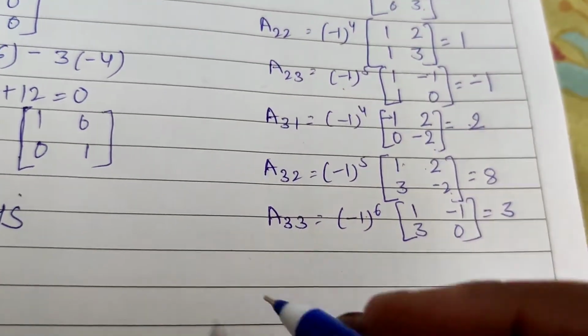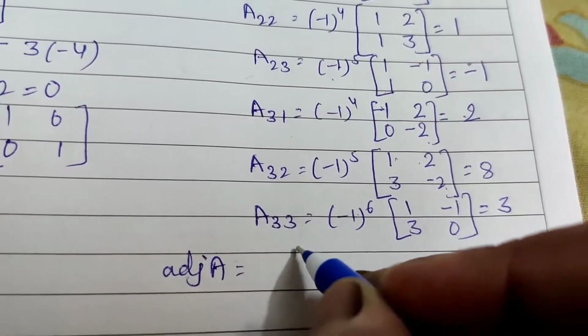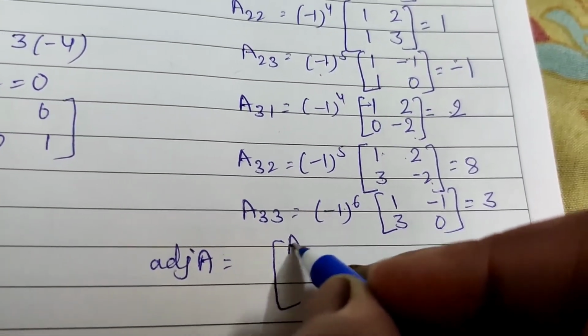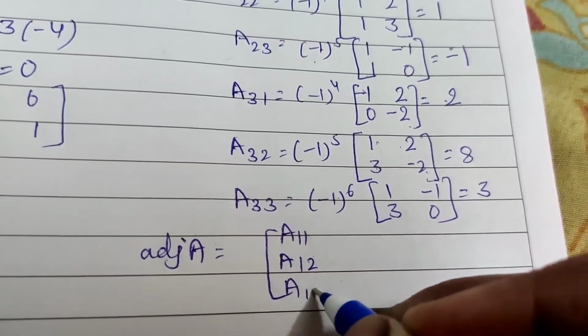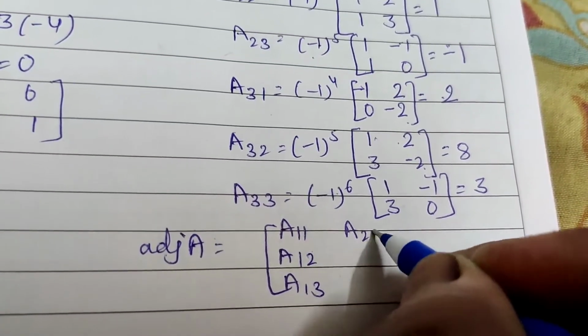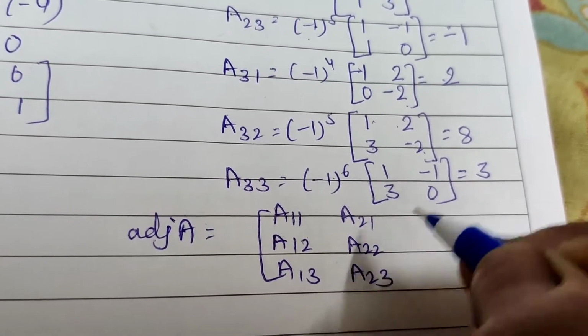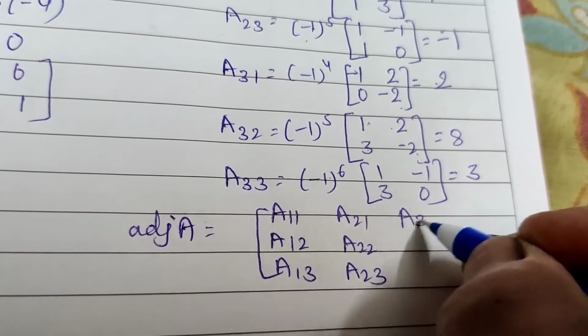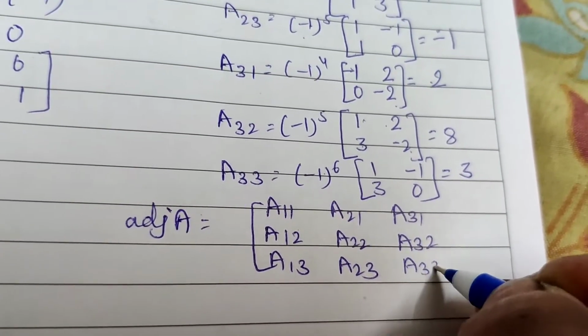Now the adjoint. Adjoint of A means here is A11, A12, A13, A21, A22 and A23 like this, and A31, A32 and A33.